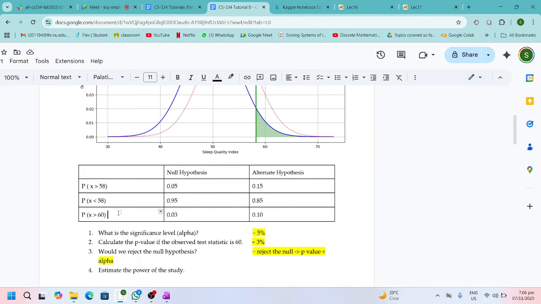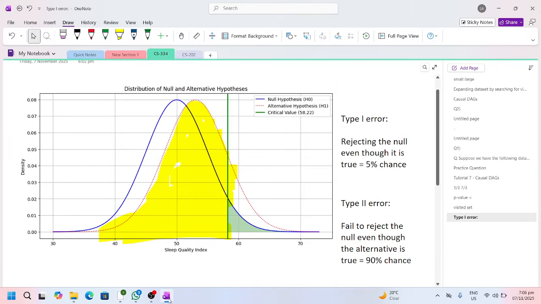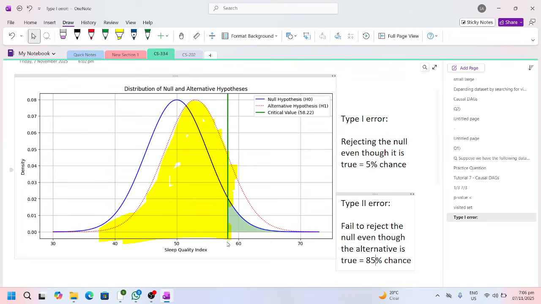Wait, मैंने 60 के against देख लिया, मैंने 58 के against देखनी थी, less than 58. So that was 85, not 90%. My bad, I hope this makes sense. You know, I was checking against the critical value, which is 58, it's not 60. So there was an 85% chance of a type 2 error given that the alternative is true.